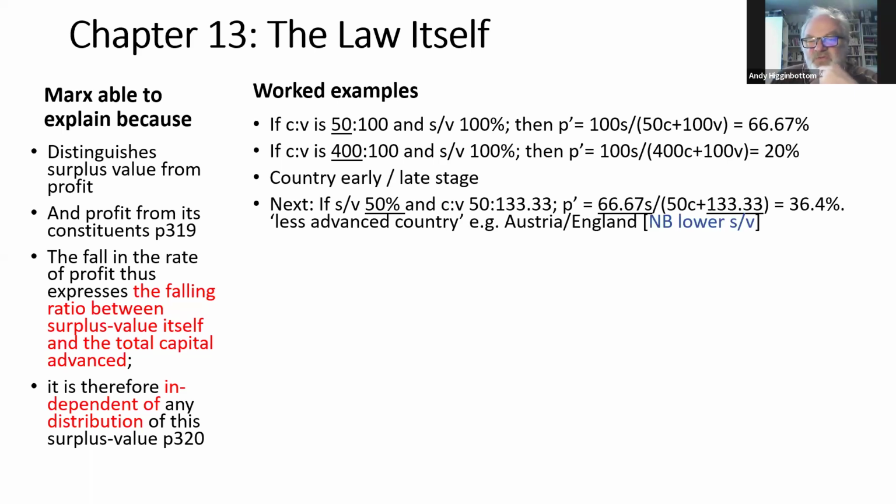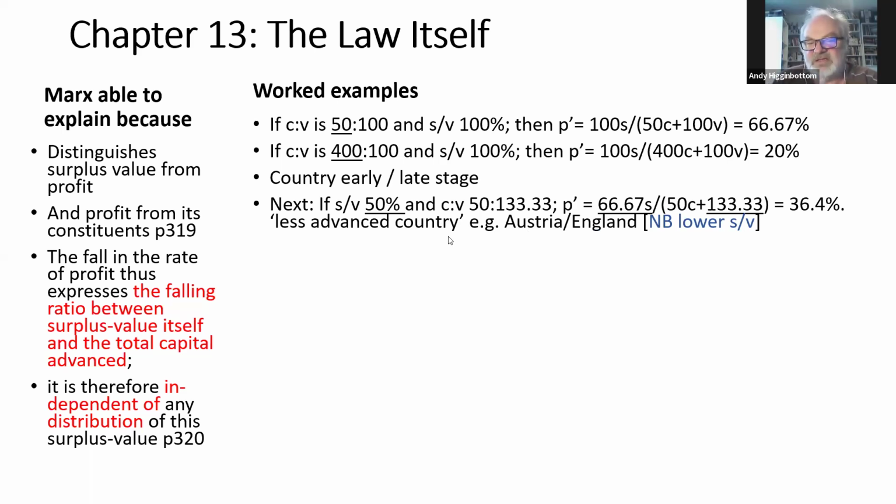Now, if the rate of surplus value changes, then this also changes the equation, because what that means is the C over V ratio changes and the profit rate goes up again, right? But he sees this as being characteristic of a less advanced country, sorry. And what's interesting for Marx, he uses the comparison between Austria and England, right?